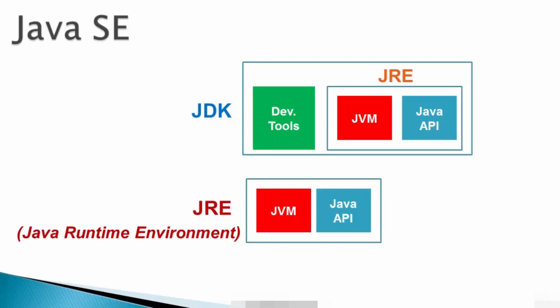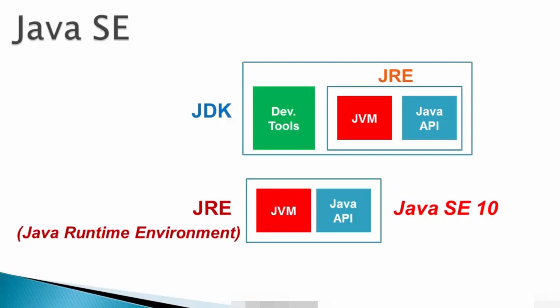So if you are shipping your Java application to your clients, then your clients would only need to install a JRE to run it. They do not need development tools like the Java compiler, which come with the JDK. So they do not need a JDK, but they need a JRE. However, such a separate JRE was offered only till Java SE 10, where 10 is one of the versions of Java SE.